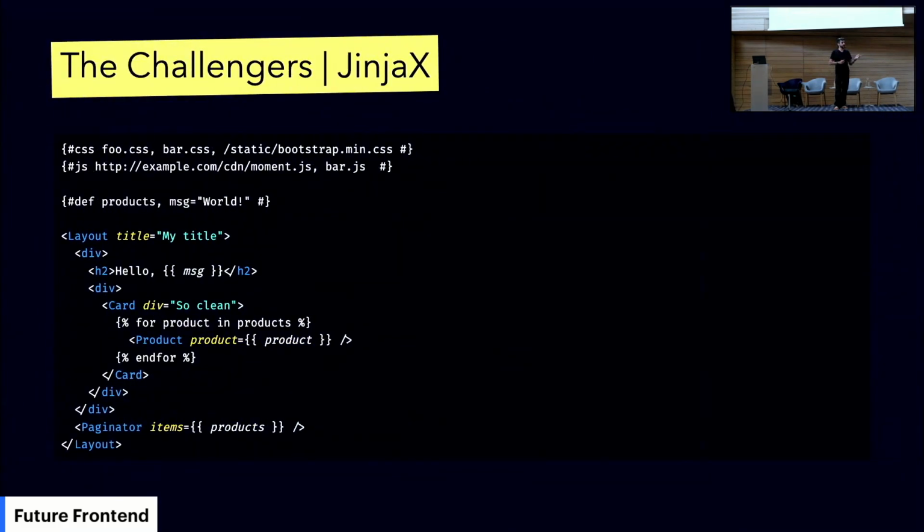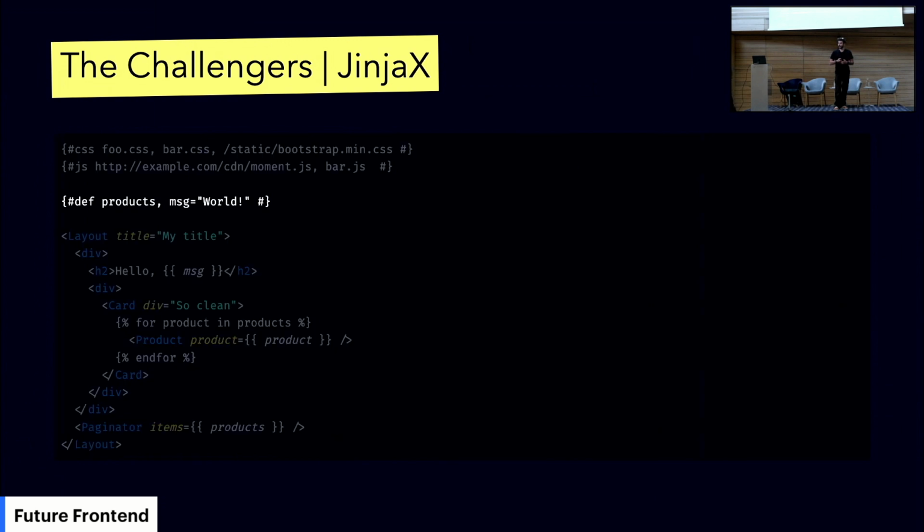So the first challenger is Jinja-X. Django has different kinds of template engines. Jinja is one of them, and Jinja-X is an extension of Jinja that allows you to build some kind of X component, like JSX or TSX components, but directly with a Jinja syntax. So it allows you to define your different kinds of components that are ready to consume, like HTML tags.